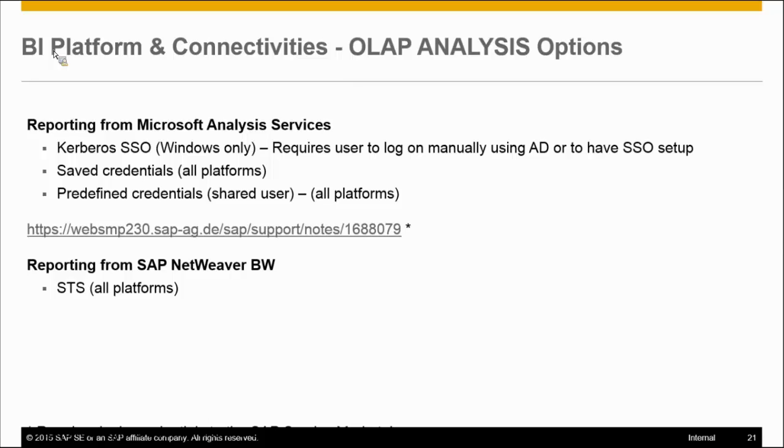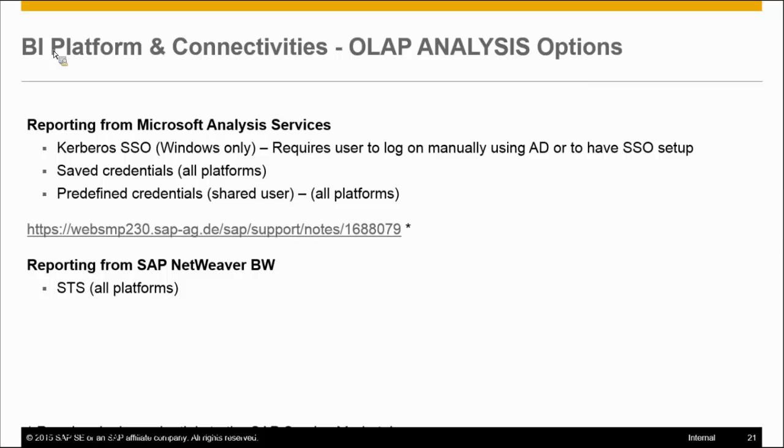Regarding the OLAP analysis tool, which allows us to drill through the cubes in BW or queries, we do offer a Kerberos solution, which is a full single sign-on solution, only on Windows. If it's not Windows, Unix or Linux, you have to save the credential manually within the BI platform again. We do offer an SAP note that explains the steps.